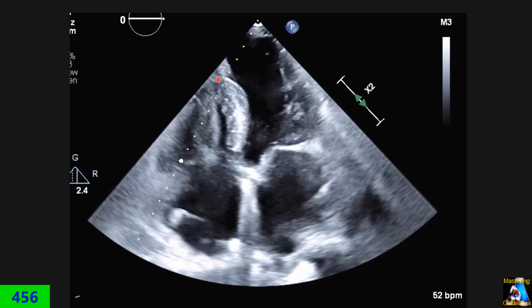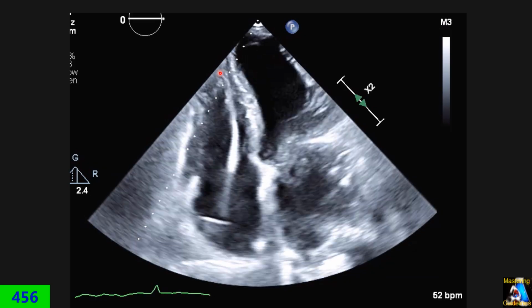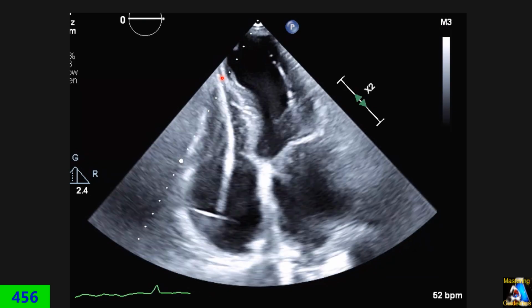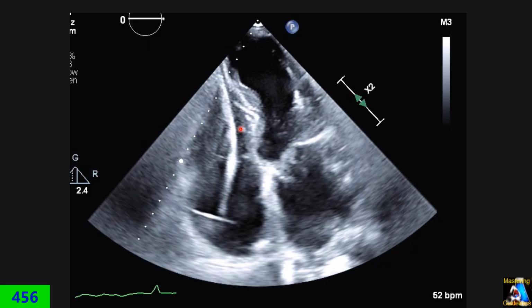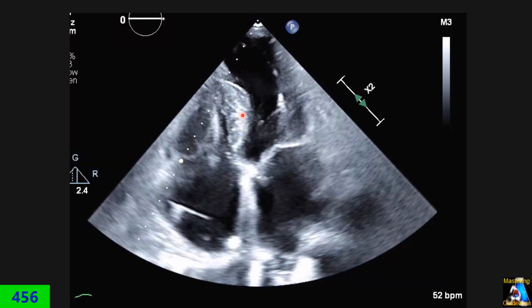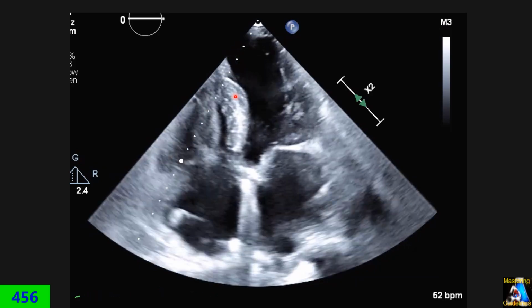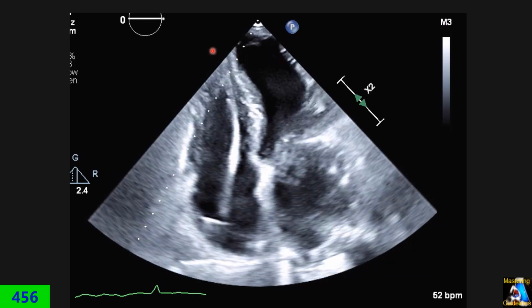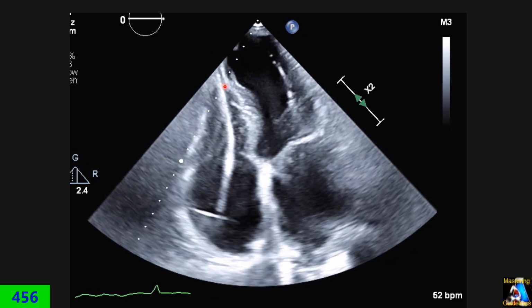We can find exactly where the tip of the wire penetrates, anchors and attaches to the myocardium. Any spot from the apex to here will depend on the case, where they want to put it, because there are little differences. I'm not going to talk about that. So we have to search for where the tip is anchored and attached to the myocardium.